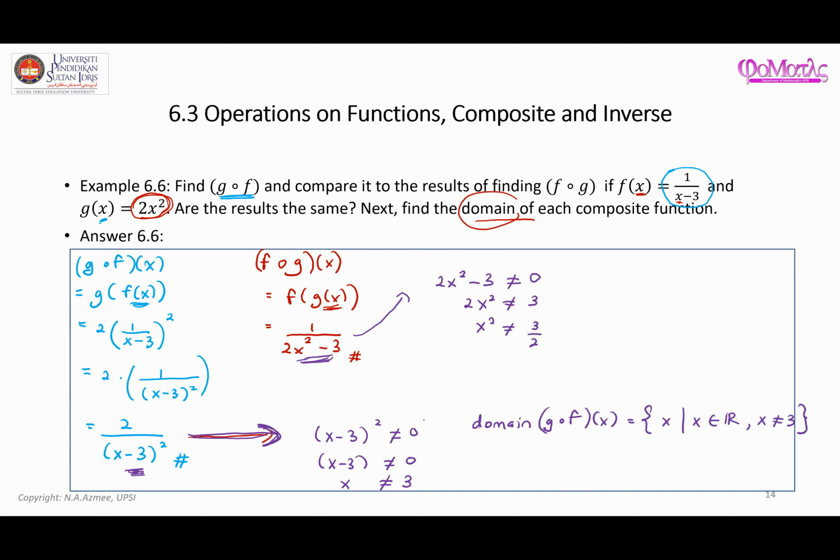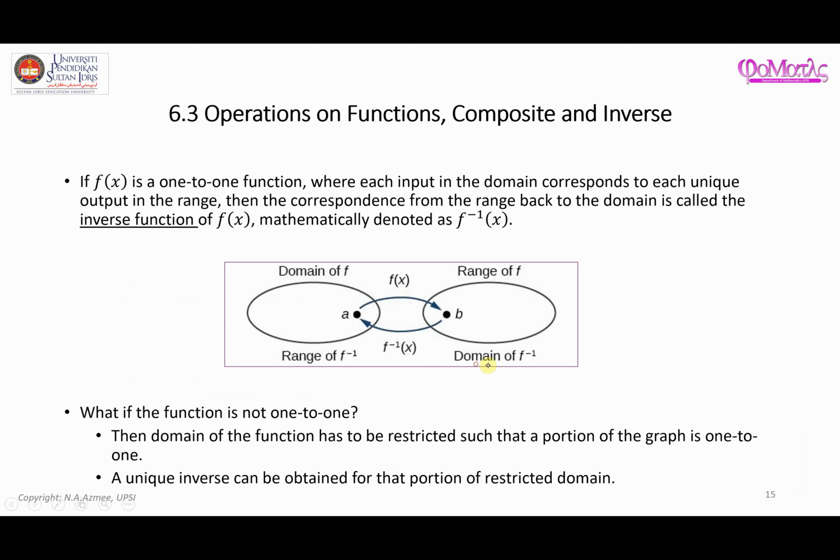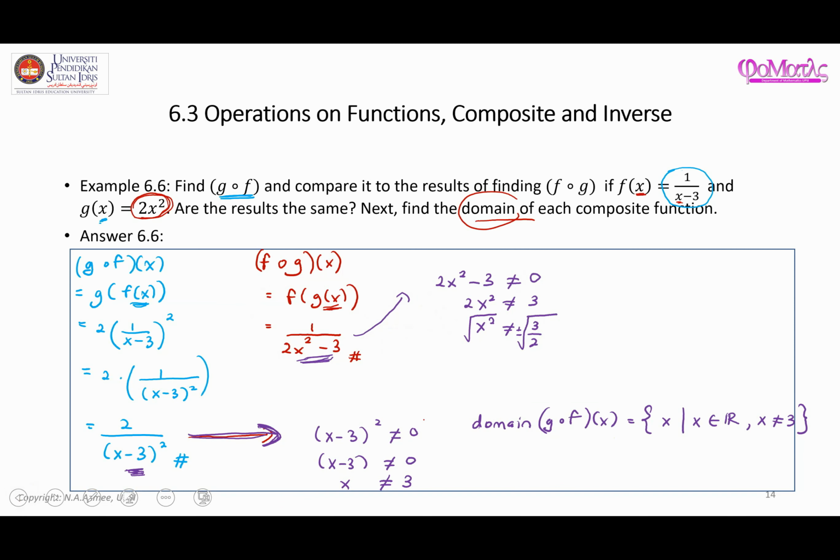And how do I get rid of this square? I can get rid of it by introducing the square root on the left hand side. So I have to also introduce square root on the right hand side. Don't forget the plus and minus sign. So finally we have x cannot be equal to plus minus square root of 3 over 2.